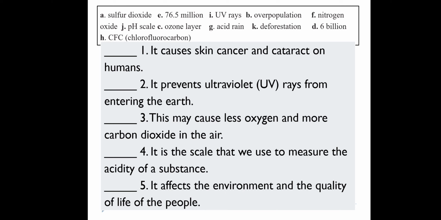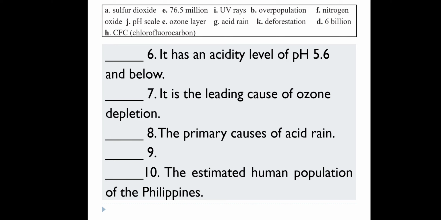It is the scale that we use to measure the acidity of a substance. Number 5. It affects the environment and the quality of life of the people. Number 6. It has an acidity level of pH 5.6 and below. 7. It is the leading cause of ozone depletion.